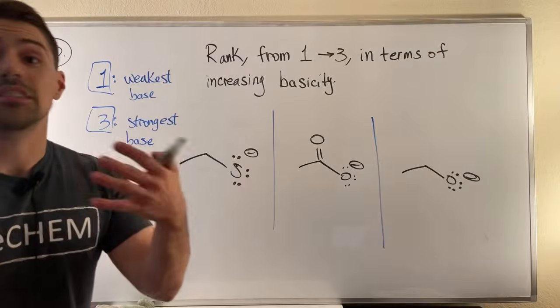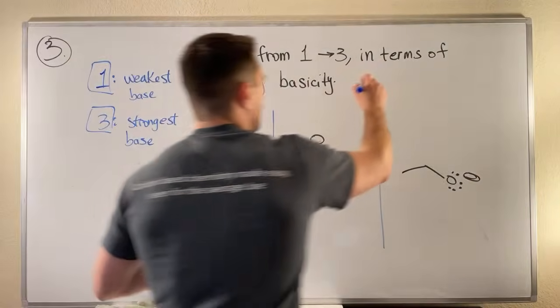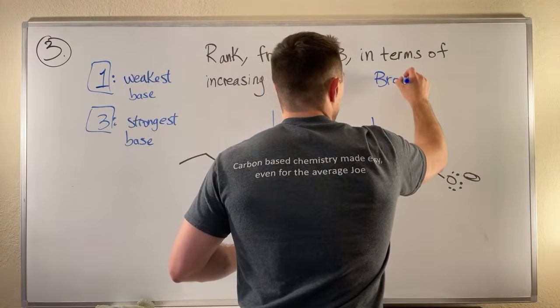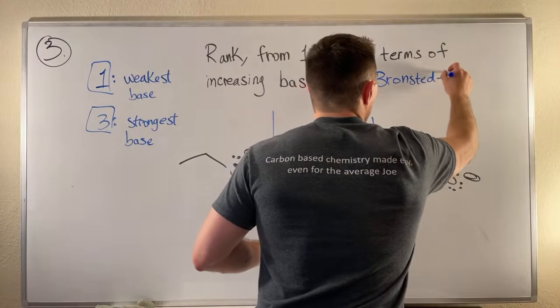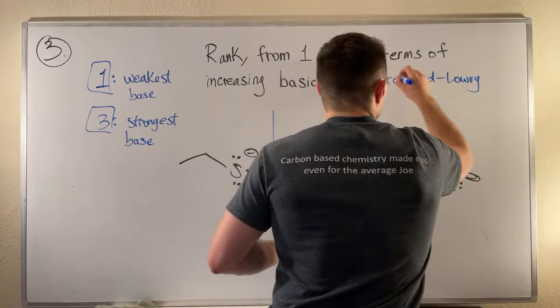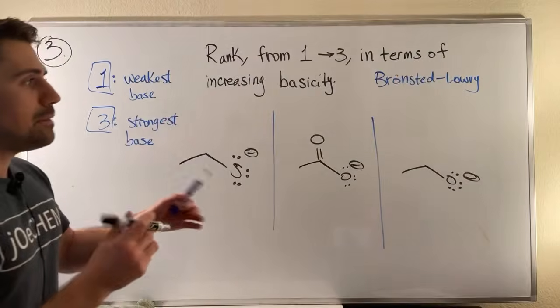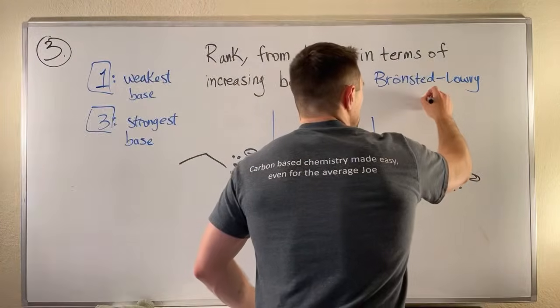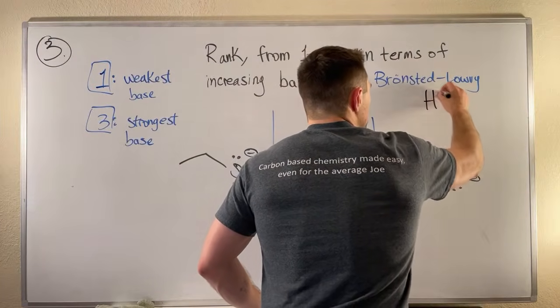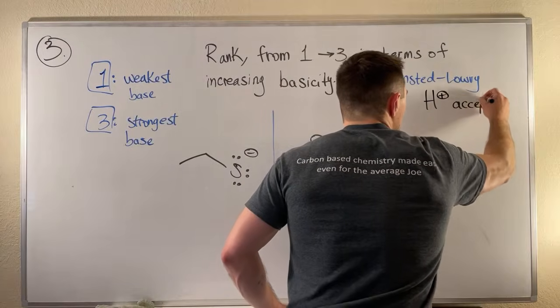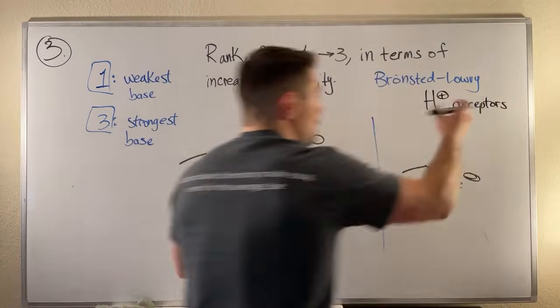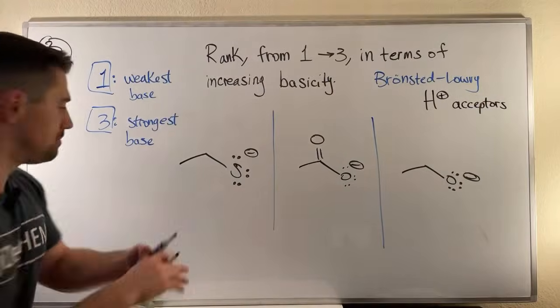In terms of Bronsted-Lowry, we can just assume this is Bronsted-Lowry, that means we're trying to rank these in terms of things being H+ acceptors. And things that are H+ acceptors are negative, okay?